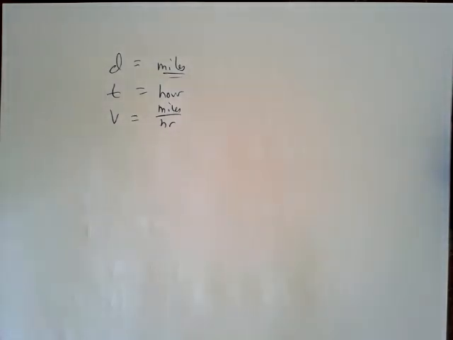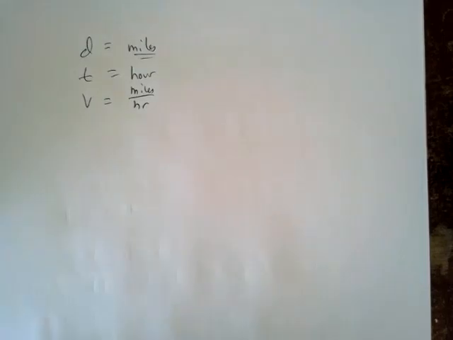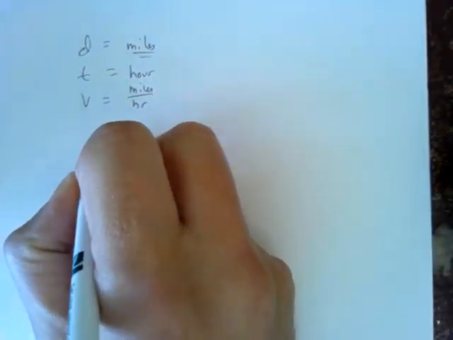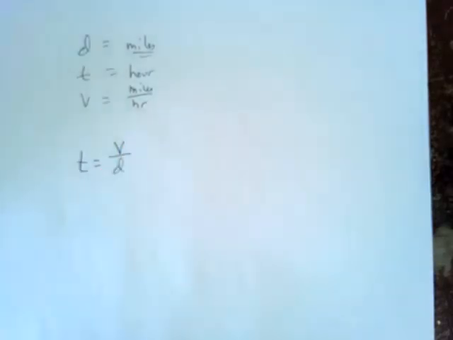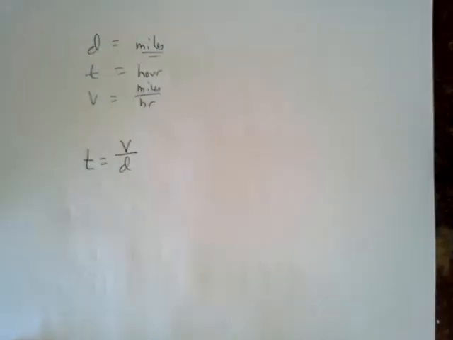So if I really did want to solve for a problem, if I wanted to know how long it's going to take me to get somewhere, what do I want to multiply or divide by what? So I could think, well, maybe it's time is equal to velocity over distance. So maybe that's my hunch. I don't remember. Let's try that.